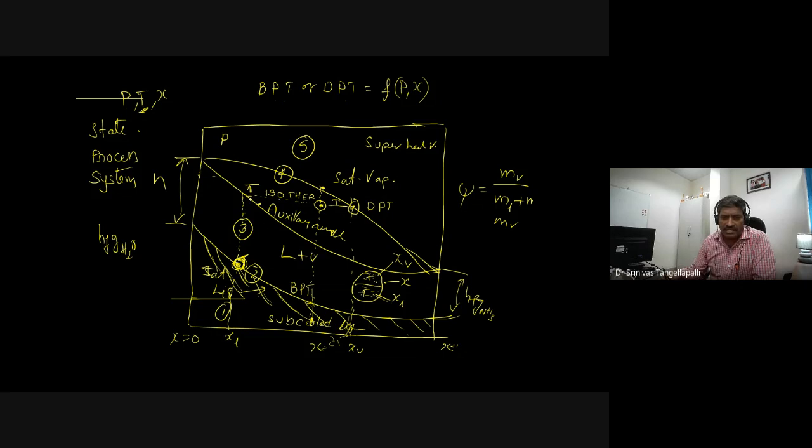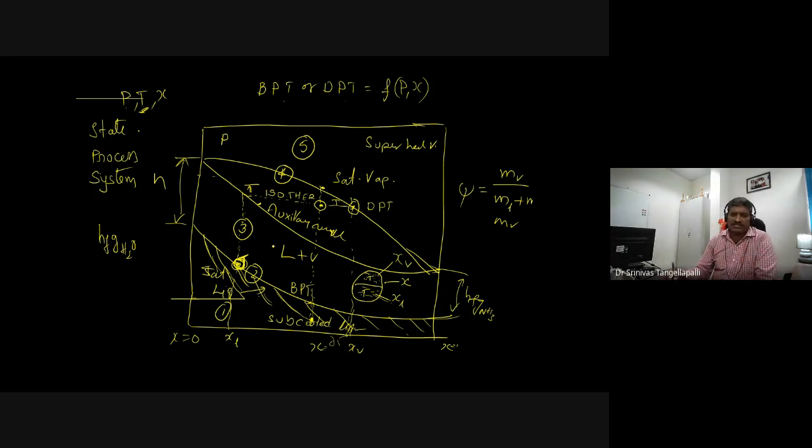Why is this auxiliary curve included in the graphical solution? These auxiliary curves are useful to solve the liquid vapor mixture. If the state is saturated liquid, saturated vapor, or above or below the saturated region, there is no use of the auxiliary curve. It is useful only to solve the liquid vapor mixture.